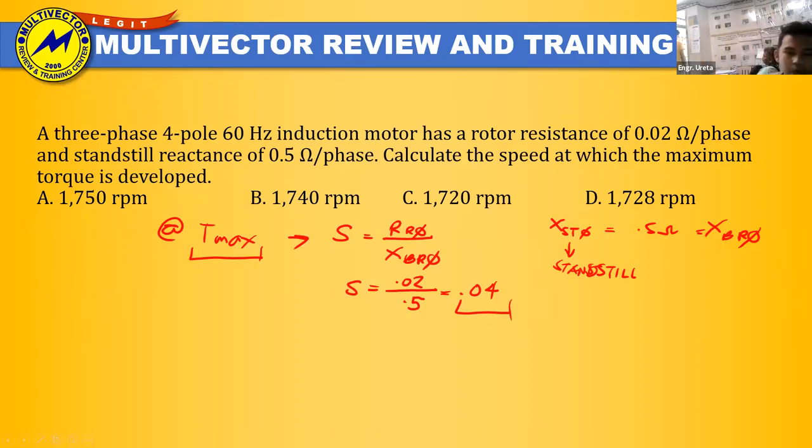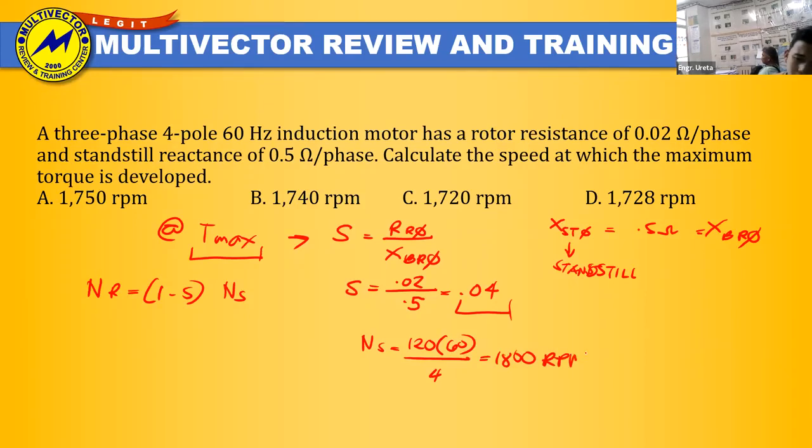So para makuha natin yung speed ng ating induction motor, which is actually the speed of the rotor, NR is just equal to (1 minus S) times NS. Our NS is 120 f over the number of poles. Frequency is 60, divided by the number of poles, which is 4. So 1,800 RPM.